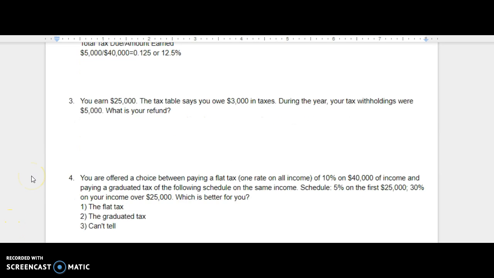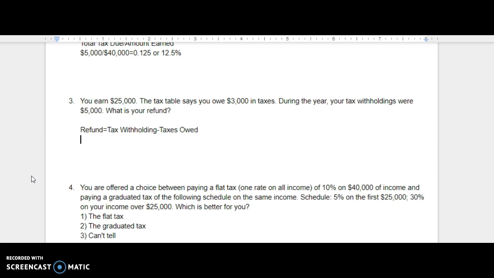All right, let's take a look at number 3. You earned $25,000. The tax table says you owe $3,000 in taxes. During the year, your tax withholdings were $5,000. What is your refund? So to figure out our refund, we're going to take our tax withholdings and subtract our taxes owed to see how much money we're getting back, or our refund.